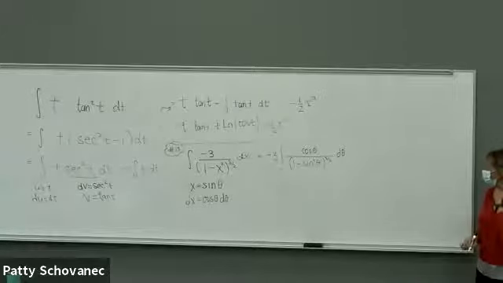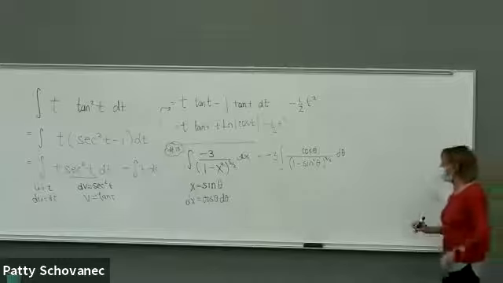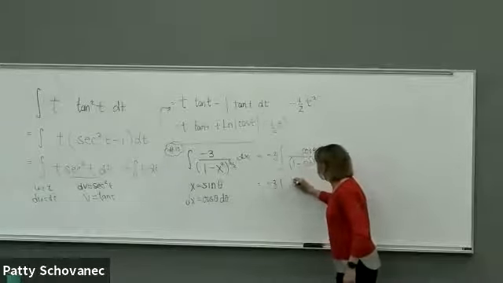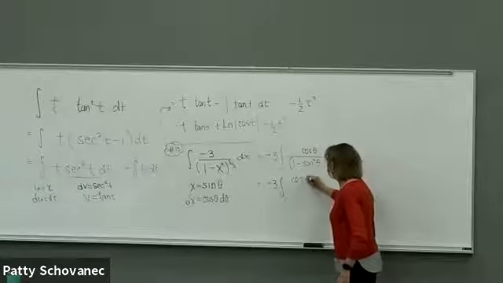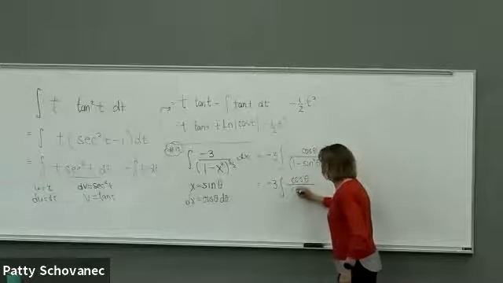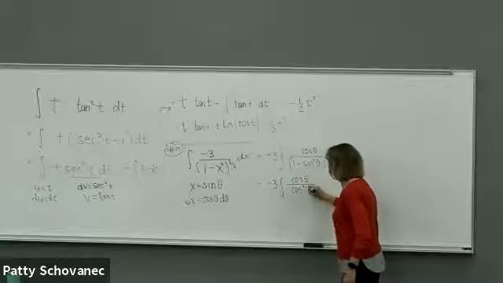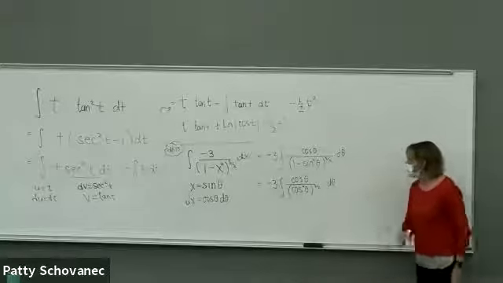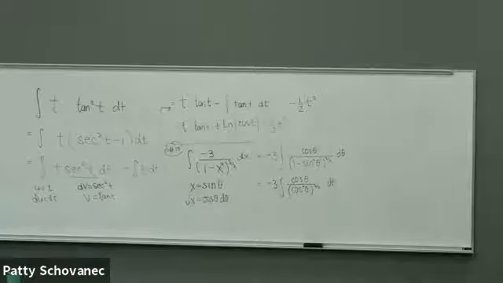Then we're going to replace 1 minus sine squared with cosine squared. So I have a cosine squared to the 3/2 power.